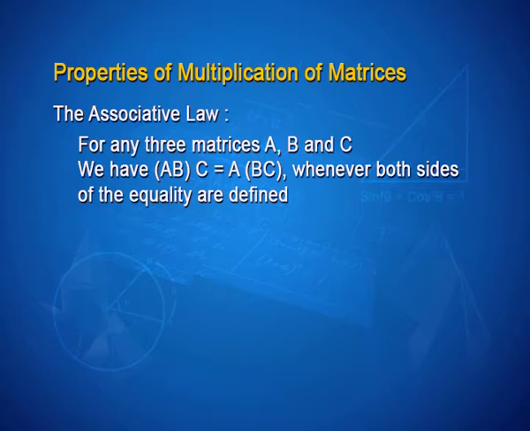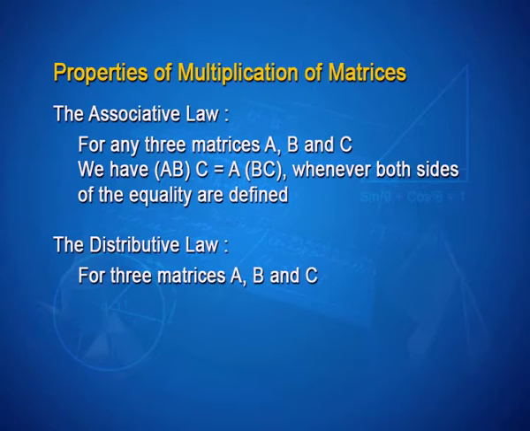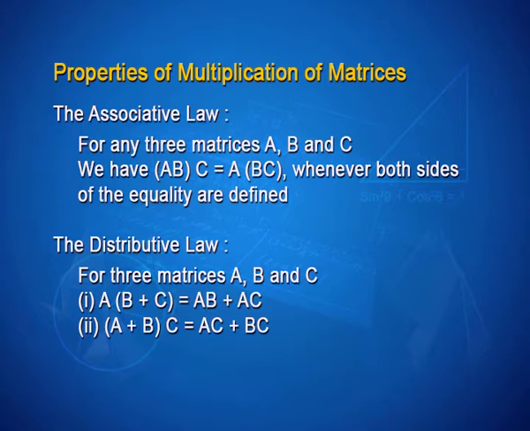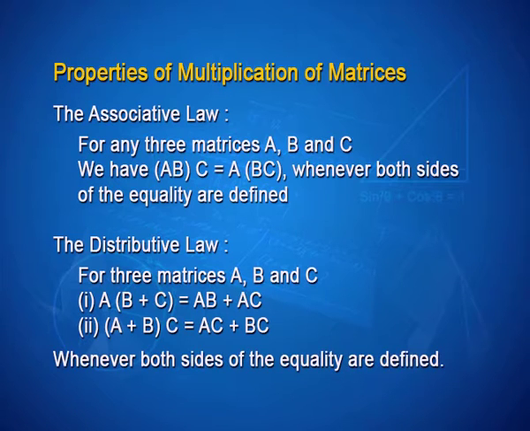Second property, the distributive law. For three matrices A, B and C, we have first, A(B + C) is equal to AB + AC, and second, (A + B)C is equal to AC + BC, whenever both sides of the equality are defined.